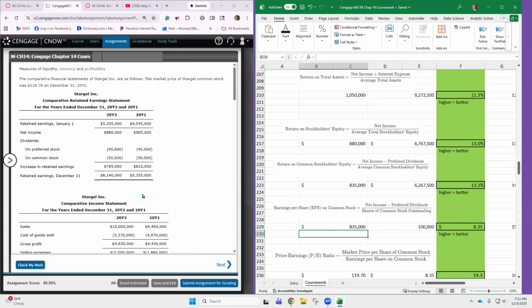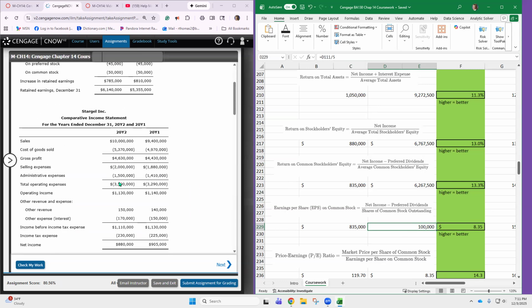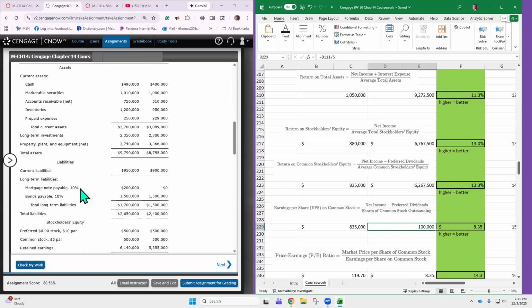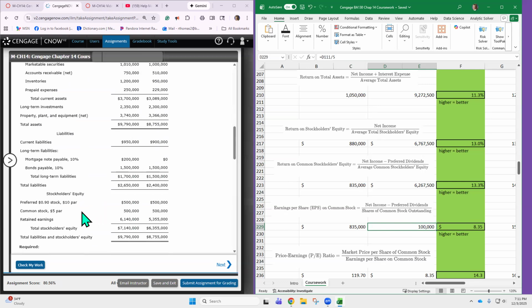Shares outstanding. You say, well, how do we know that it's 100,000 shares? These are the dividends that are paid out. If you go down here in your balance sheet, here's how you find out.